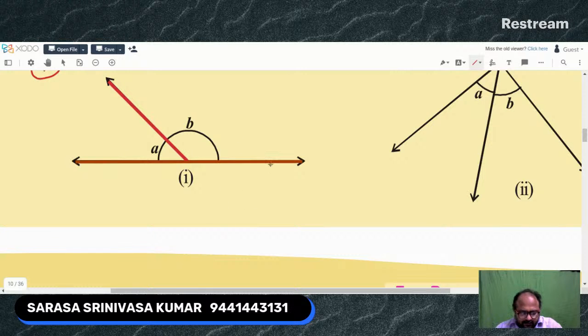In this diagram, we observe a few properties.